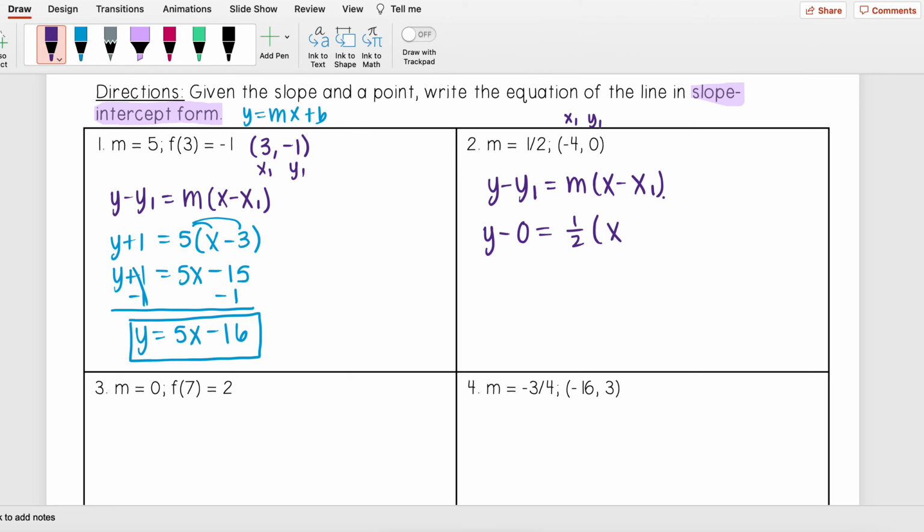And I want to do minus -4, which is really just plus 4. And now this one, it's actually going to be a little bit easier because y minus 0, I just get y, so I already have y by itself on the left-hand side. And I'm going to go ahead and just distribute this 1/2. So 1/2 times x, I get 1/2 x, plus 1/2 times 4, I get 2.